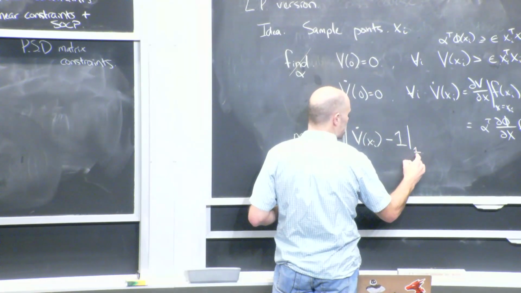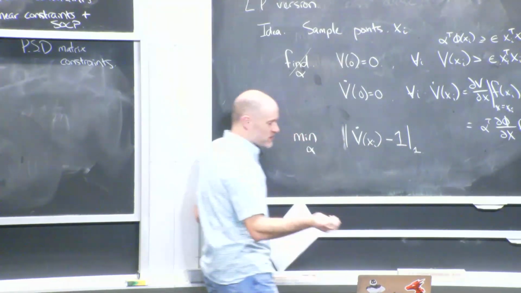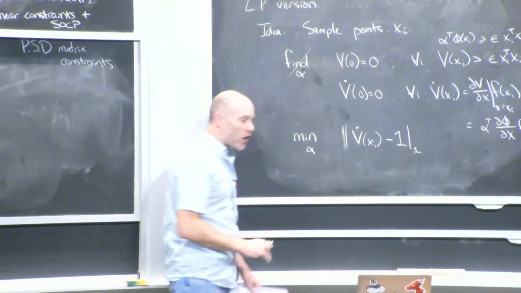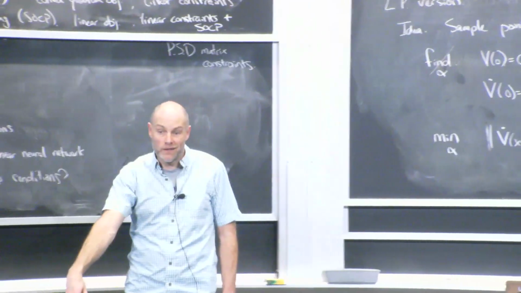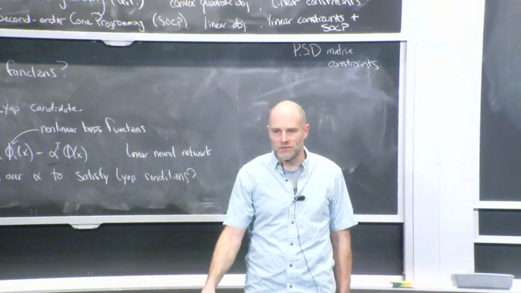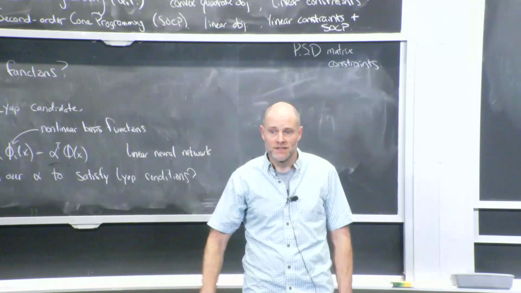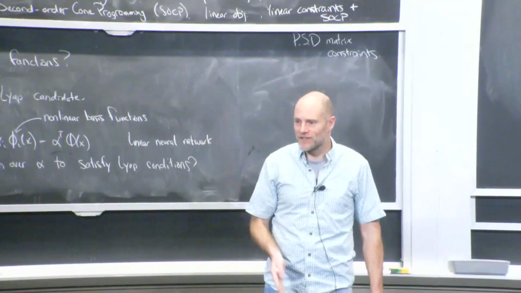And if I want it to stay in an LP, I'll do it in the L1 norm. You'll see it in the code if you look. Among all the V's, you pick the one that's going downhill at about the rate 1. That means V would be something like a time to the goal. All other things equal, give me one that's going downhill at a reasonable rate.